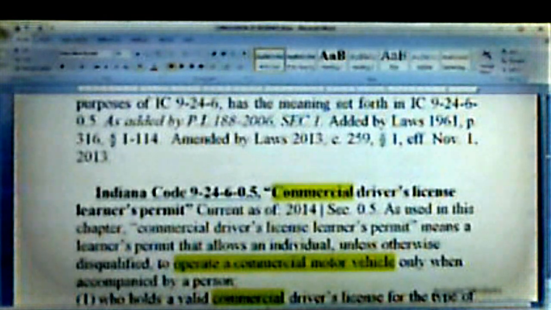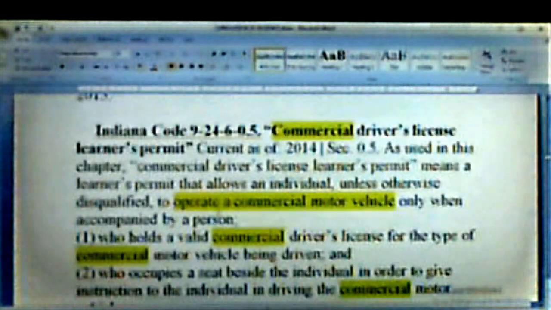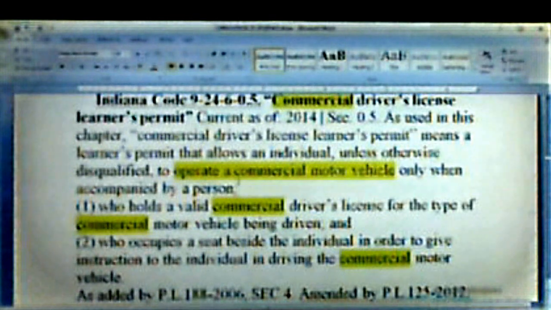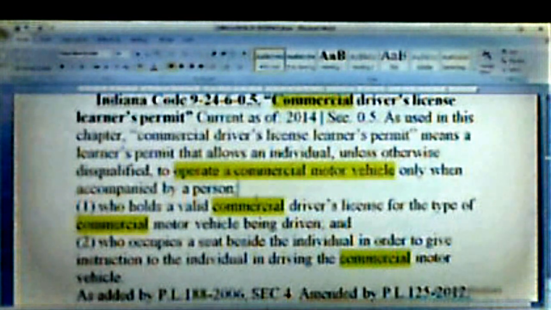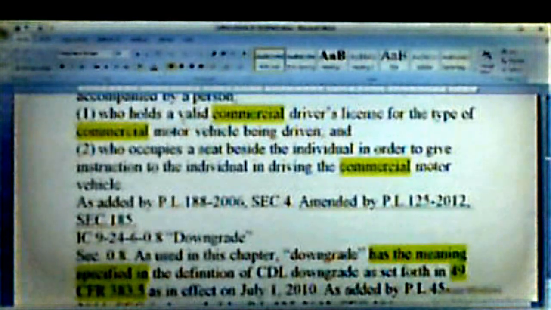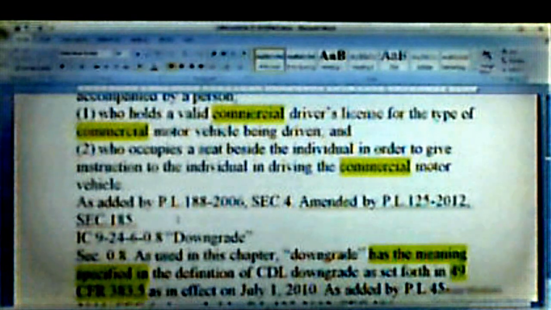So it's clearly commercial, right? And here's the Indiana code 9-24-6-0.5. Again, commercial driver's license. Okay, and it's to what? Operate a commercial motor vehicle only when accompanied by a person who holds a valid commercial driver's license. All right, are we seeing a key here to all these?